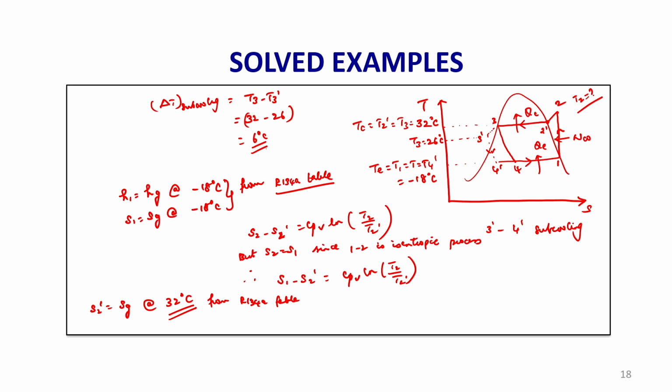Once you find S2 dash, substitute here, all these values are known. Because we do not know T2, Cp of vapor should be evaluated only at T2 dash, that is at 32 degree centigrade. So, substitute, you will get the value of T2.